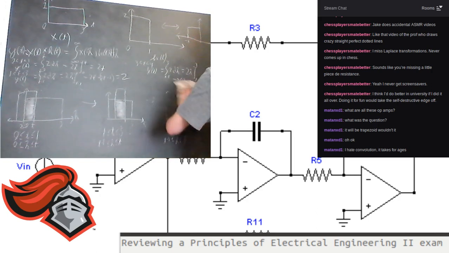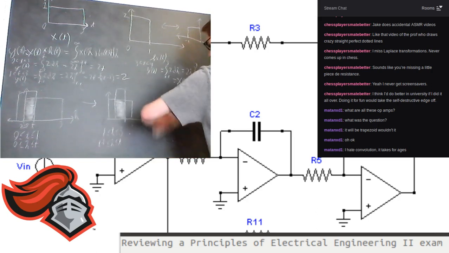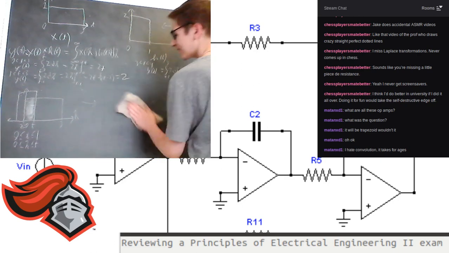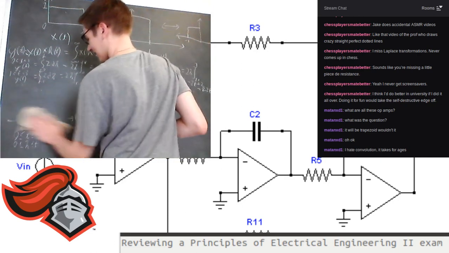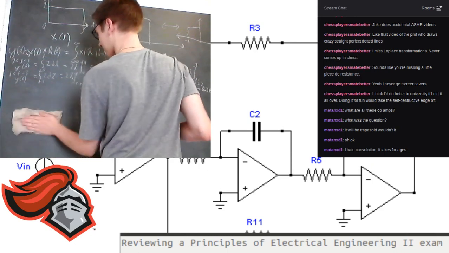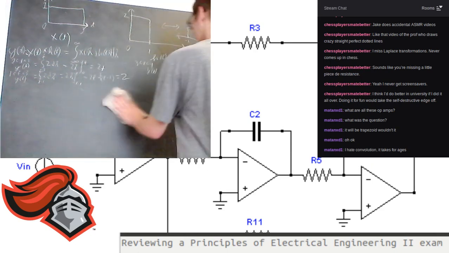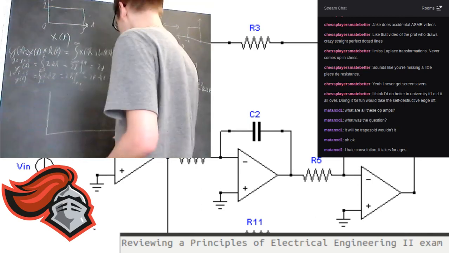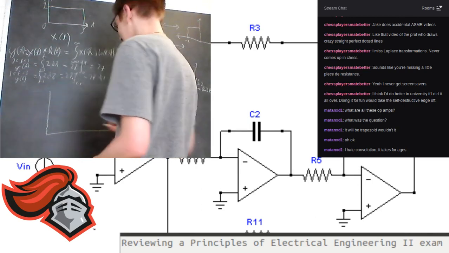So now this would be an acceptable answer on the exam, but just for demonstrative purposes, I'm going to show what the actual graph of this looks like, as one would expect. It's a trapezoid. So here's our t-axis.